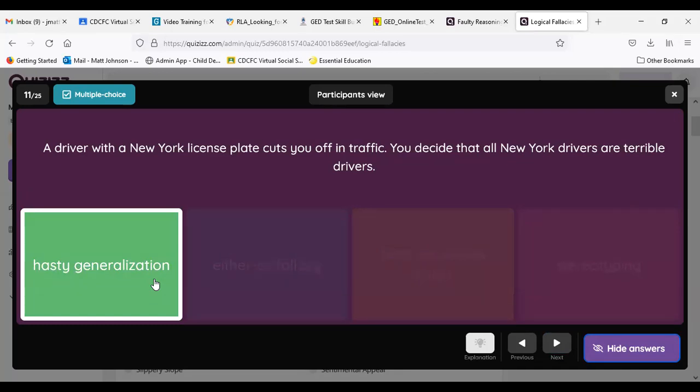I think with stereotyping, they're probably looking for more specific groups of people, not just New York drivers. I would give you credit for that. A hasty generalization is the same thing, though. From one experience, I draw a conclusion about every group of people or every situation based on that one experience.